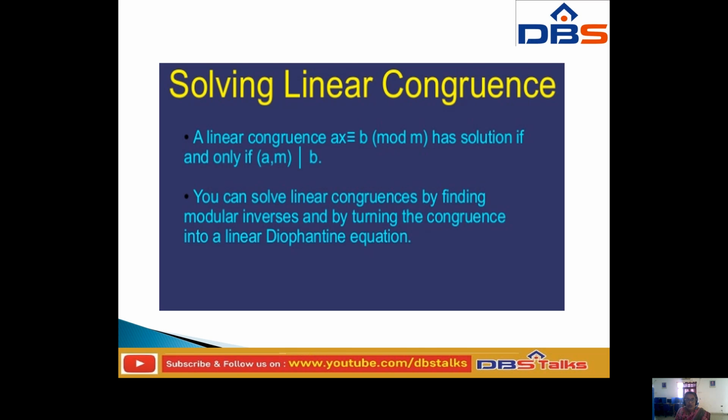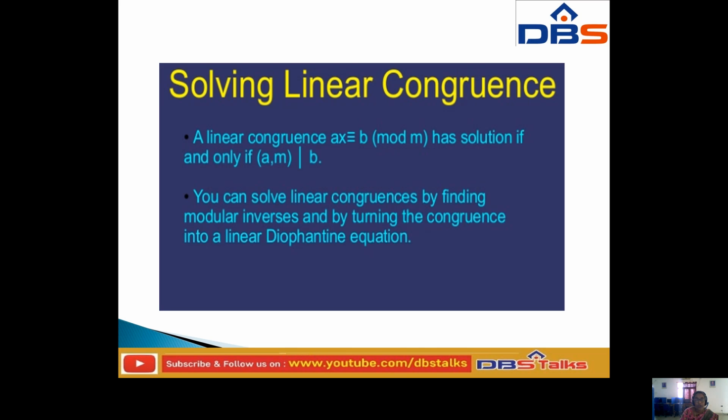See, then how are we going to solve this linear congruence problem? A linear congruence ax is equal to b mod m has a solution if and only if GCD of a comma m divides b. You can solve the linear congruence by finding the modular inverses, by turning the congruence into a linear Diophantine equation.